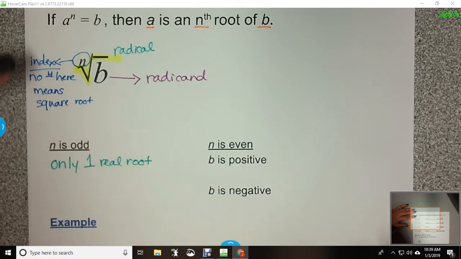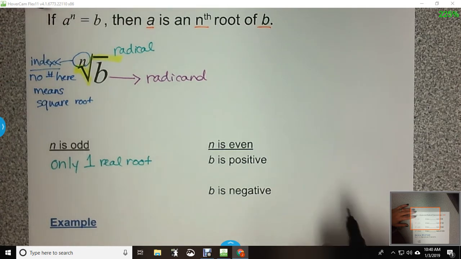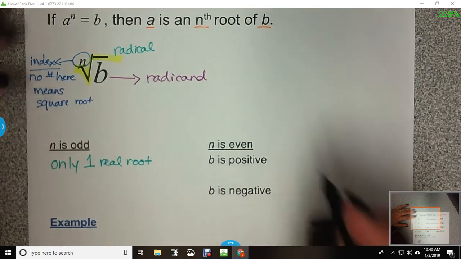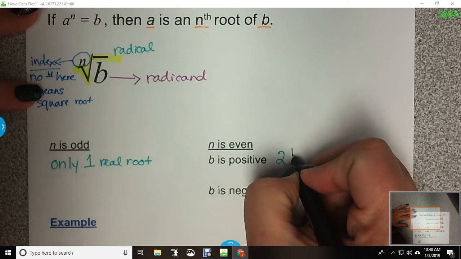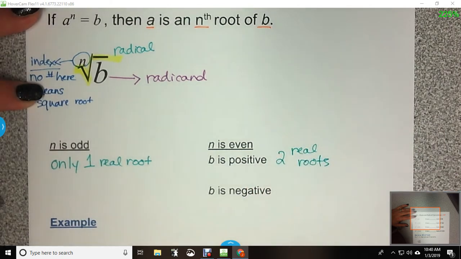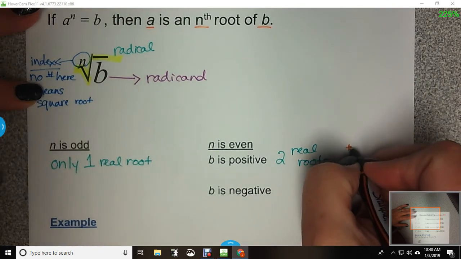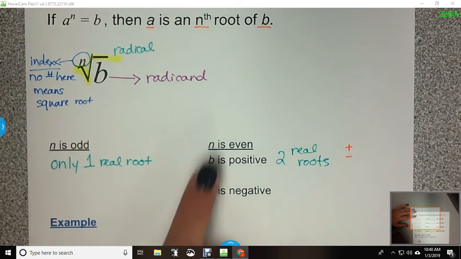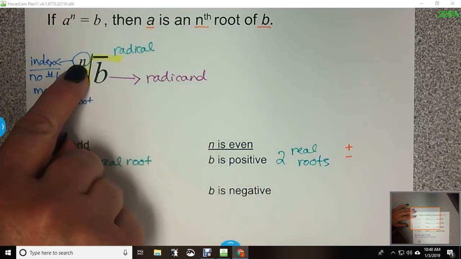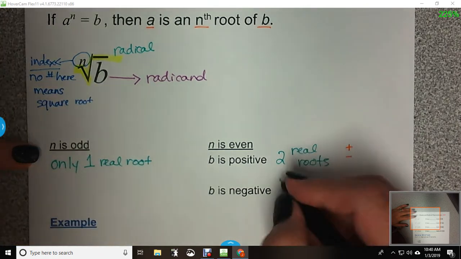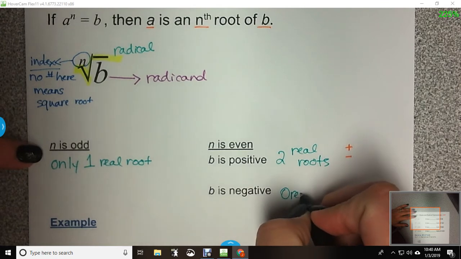Then if n is even, so if this index is an even number and your radicand is positive, that means you have two real roots. One of them will be positive, one will be negative. However, if your index is even and this is a negative number underneath, so b is negative, that means you have 0 real roots.